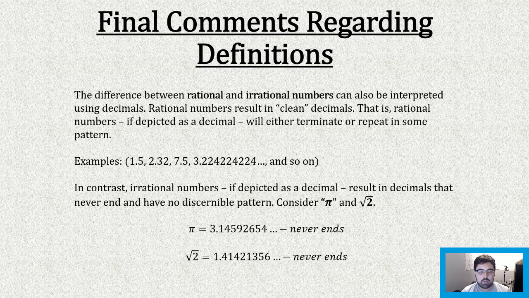If you put that in a calculator, it'll give you an estimate. But if you actually try to work out what the square root of 2 is, you will find that you just keep getting a decimal that goes on and on. Why is that? Because there is no number that you can multiply by itself to get 2.